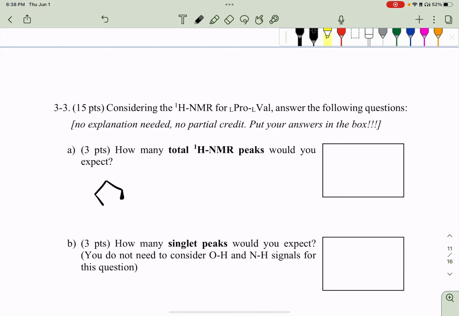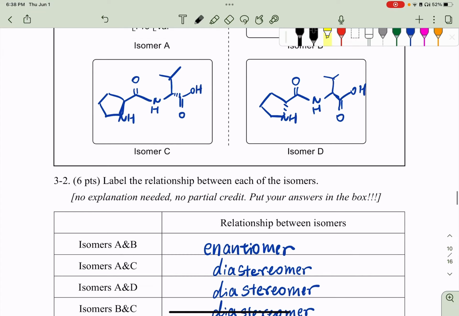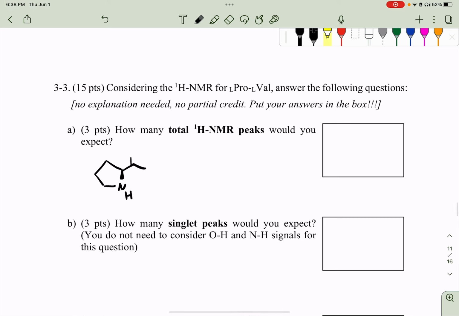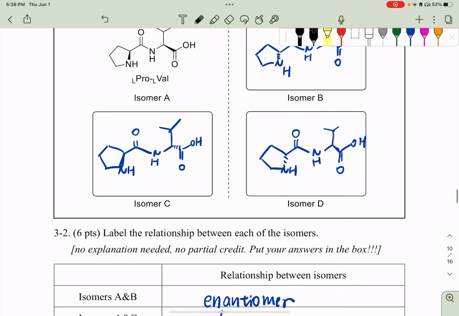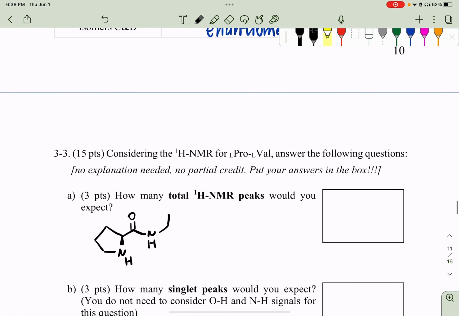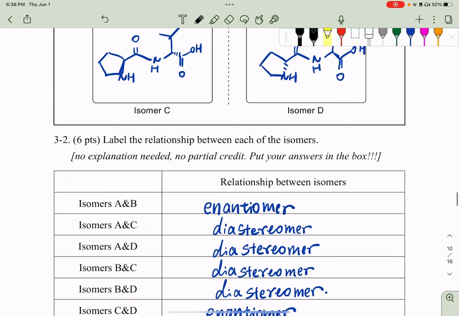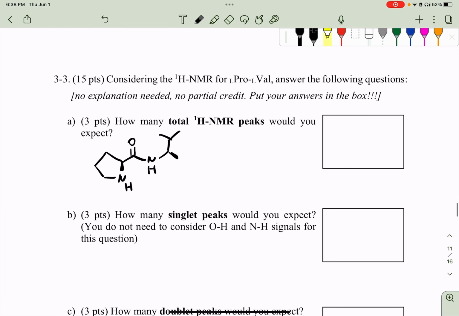From here, NH, and then the amide, and then the isopropyl, and then the wedged-out carboxylic acid. All right, so I'm just redrawing this.